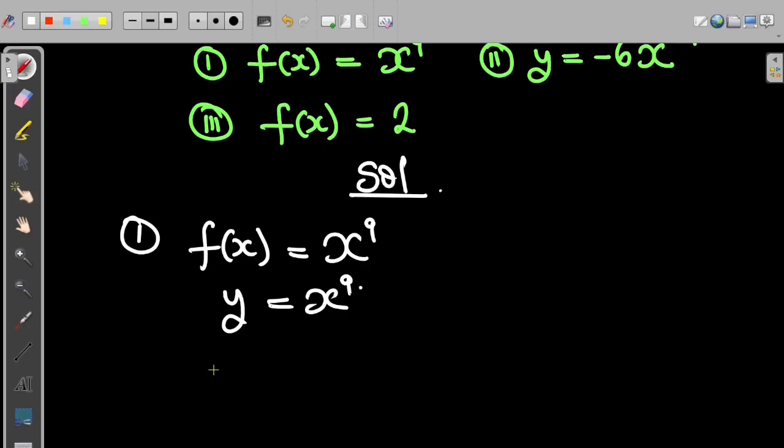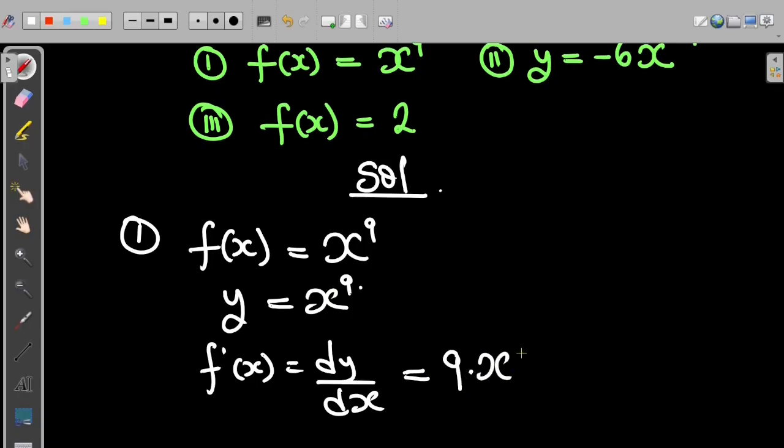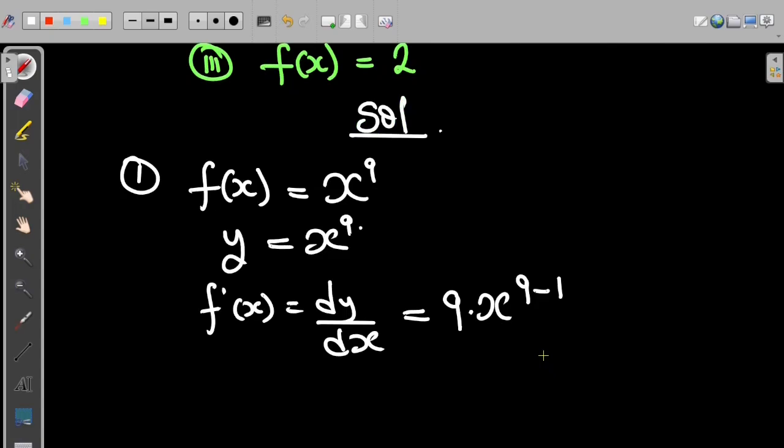The derivative of the function will give us f prime of x, which is dy over dx, equal to 9 multiplied by x to the power of 9 minus 1, and we have that dy dx is equal to 9 multiplied by x to the power of 8.